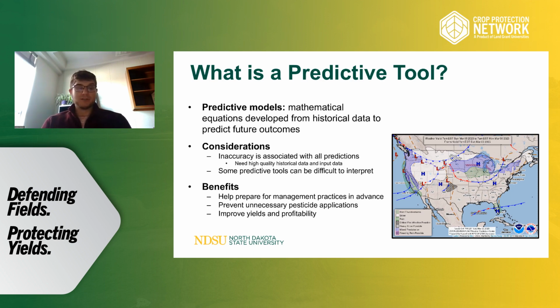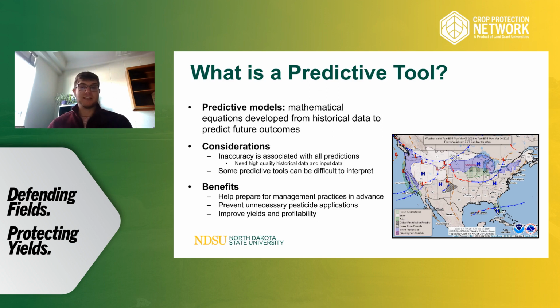When thinking about predictive tools and predictive models, there's a couple of considerations that we need to think about, okay? These are going to include the inaccuracies that are going to occur due to the use of these models. So just like thinking about weather again, these models are not going to be completely accurate. Just like if you wake up and it says it's gonna rain in the afternoon, this may not actually happen.